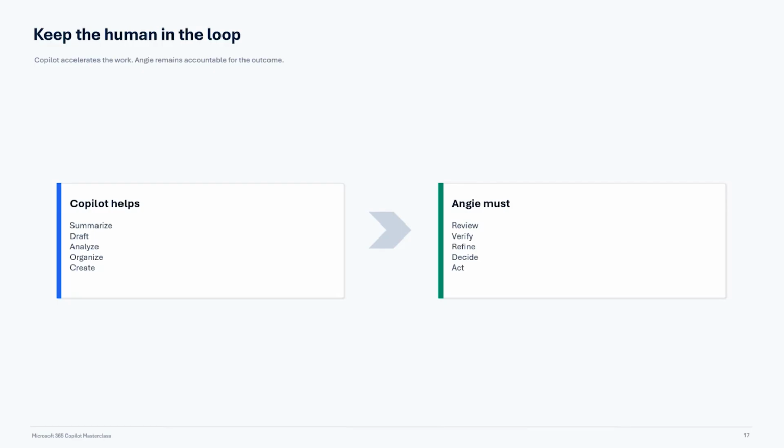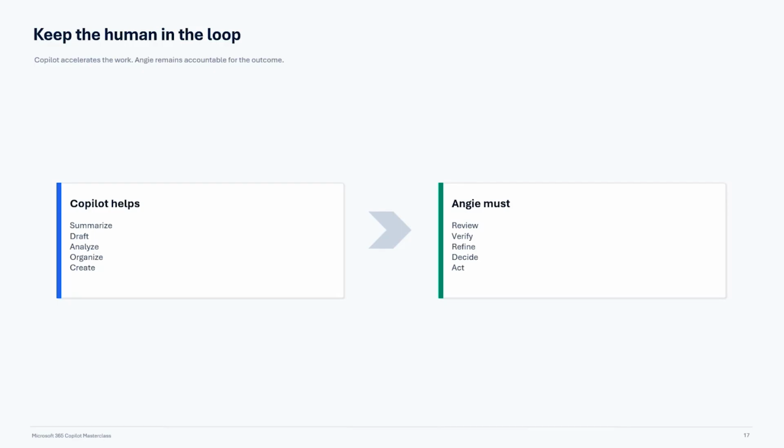Because we might have other things sitting on her desk whilst she needs to give an update of the project at 1 p.m. So this is also a way to make Angie more efficient and then also more productive at her workplace.